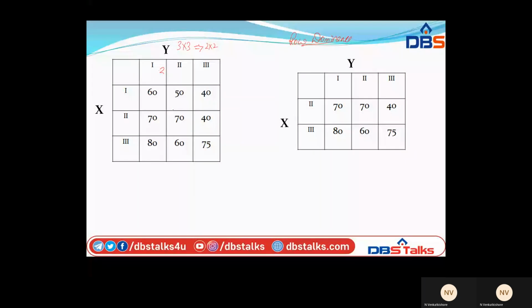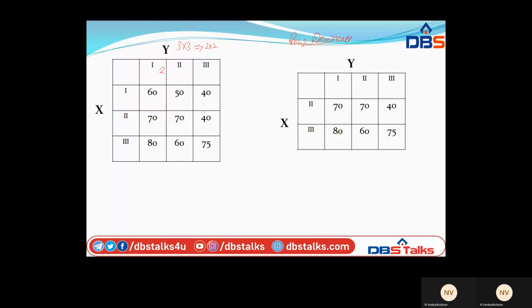That is, 60 is greater than 70? No. 50 is greater than 70? No. 40 is greater than or equal to 40. So let us consider i, j, suppose k.